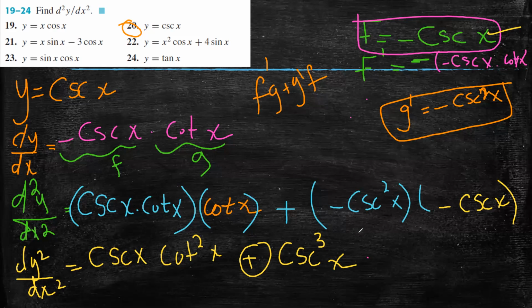Teacher, when you distribute the cosecant cotan, shouldn't we multiply cotan with the cosecant and cotan again, so it will be 3 cotan? Sorry, you ask me about the first or the second derivation?